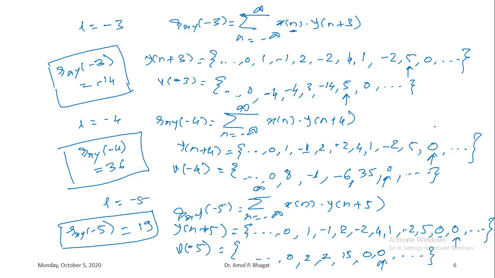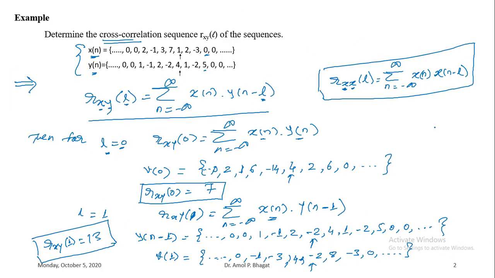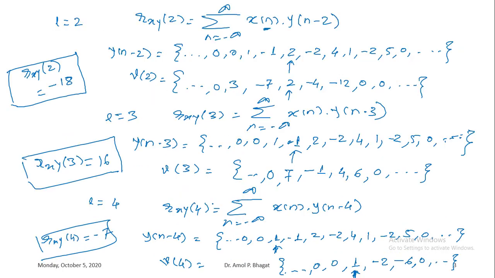Okay, but in case of cross correlation, you have to simply substitute the values of L in the cross correlation formula, right? While identifying cross correlation or autocorrelation, you will simply substitute the values of L in the given formula, and you will continue this process till you don't get the zero value.